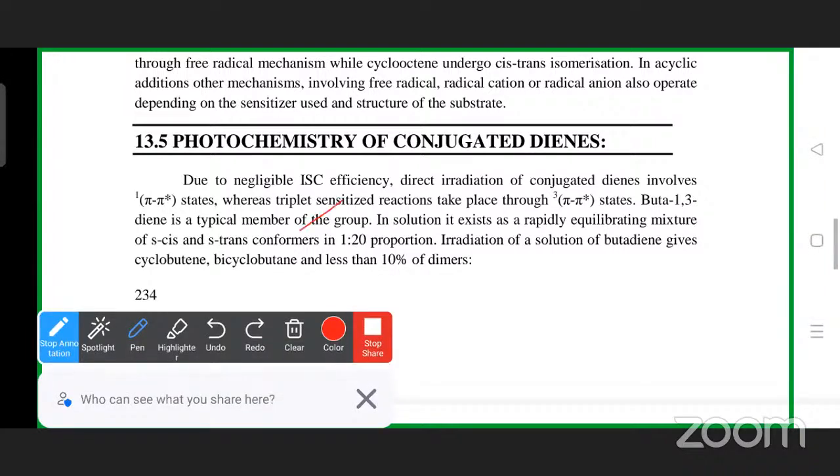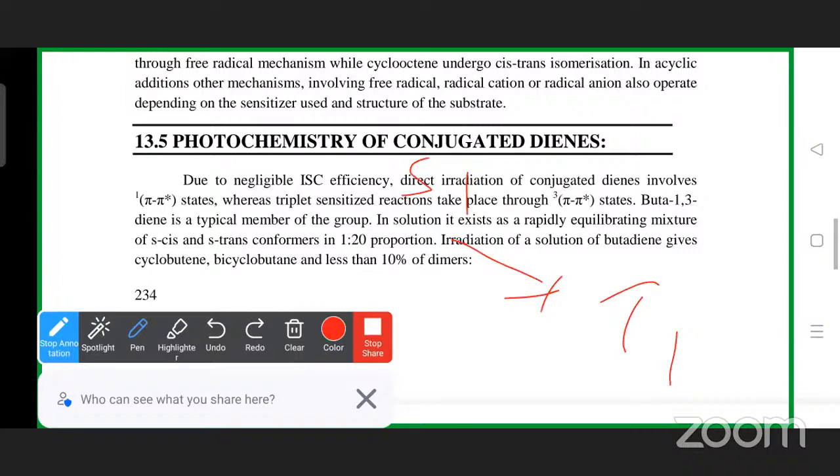Its ISC efficiency is 0, because the energy gap between S1 and T1 is large.